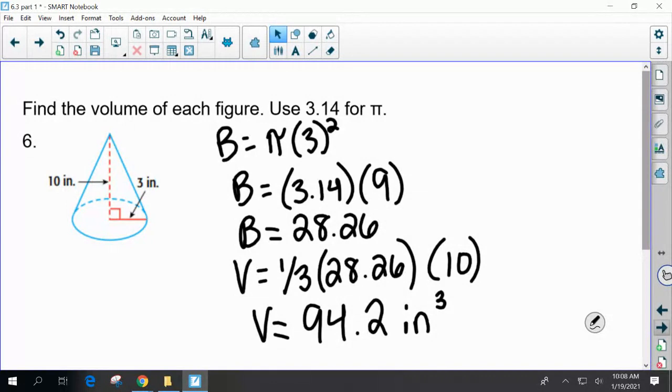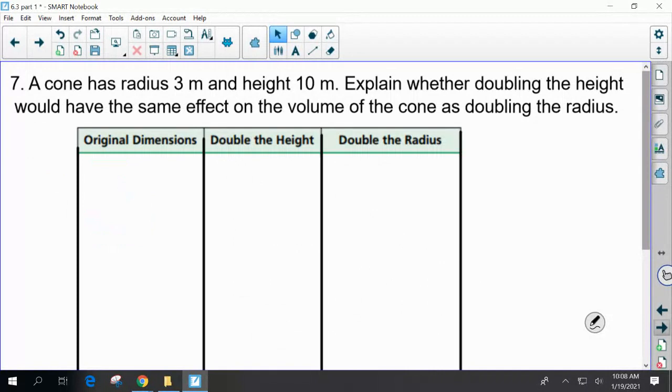Okay, so if you look at the next problem, we have a chart, and it is a cone with a radius of 3 and a height of 10. So look at those numbers. Do they look familiar? That's the one we just did. So we just did a radius of 3 and a height of 10.